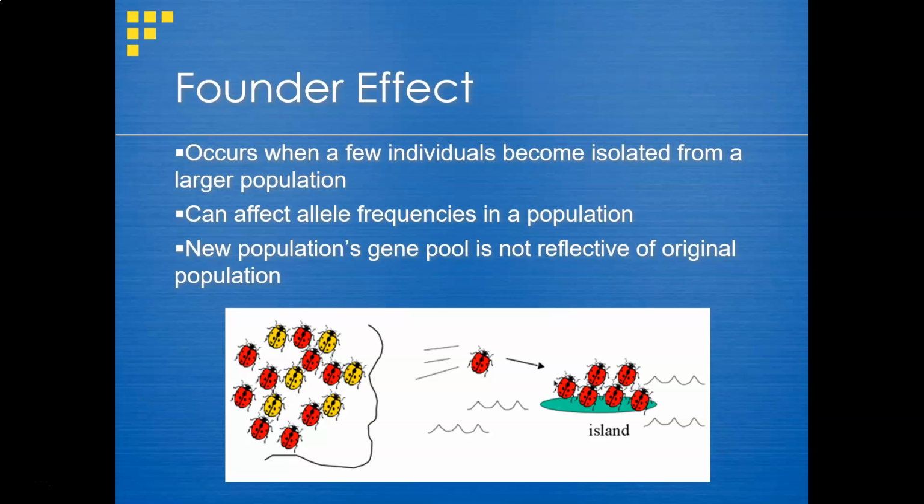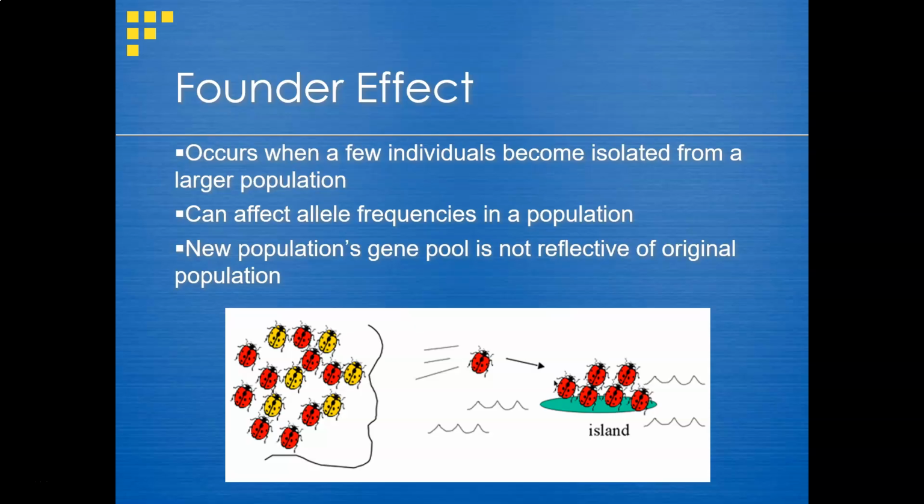And we may have cut a small portion of the deer population on one side of 78 and isolated it from the larger population on the opposite side of 78. And so by doing that, putting that highway in and fragmenting that population, that smaller isolated population may not necessarily be accurately reflective of the original population. It was just whoever got trapped on that side by the time the highway project got finished.